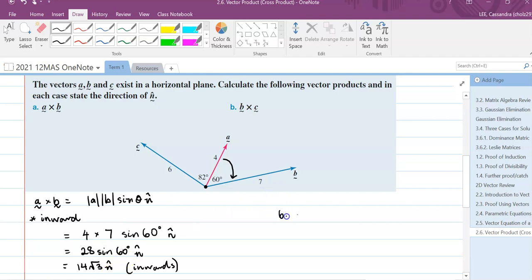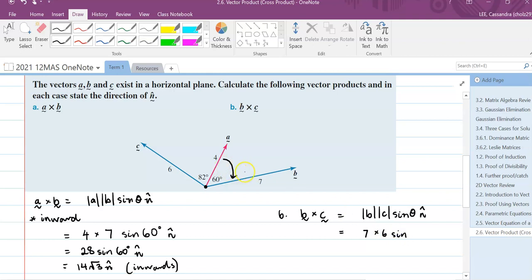B is going to be B crossed with C. In that case, that's going to be equal to our magnitude of B times our magnitude of C, sin theta, and n. n is this unit vector, this perpendicular vector. And again, it's very lucky because they actually give us the magnitudes here. So for B, our magnitude is 7, for C, our magnitude is 6.